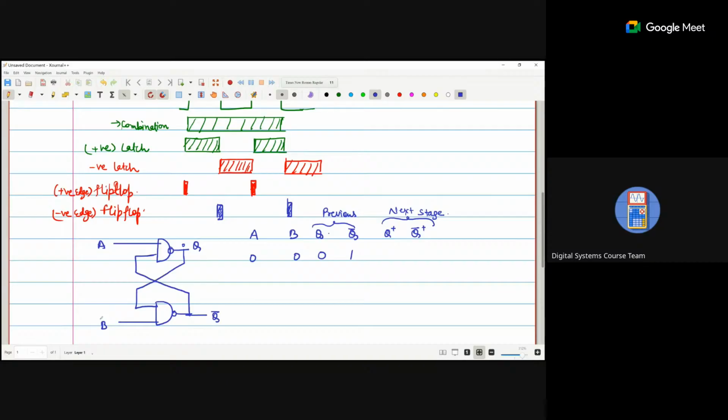Now if Q is zero and B is zero, we are getting one here, so that means Q bar is one in the next state. Now Q bar one goes here, A is zero, so Q is also one.